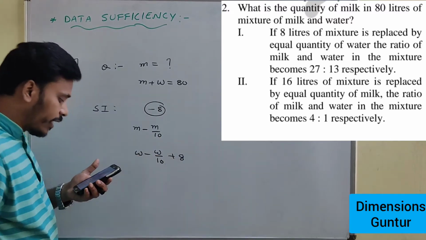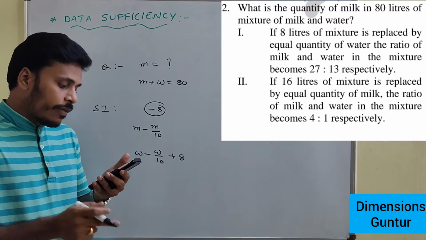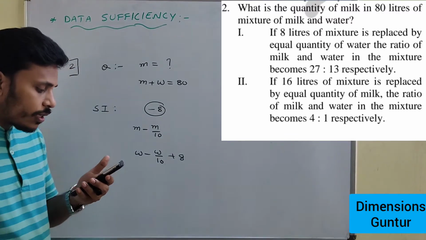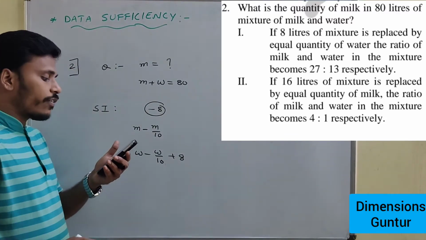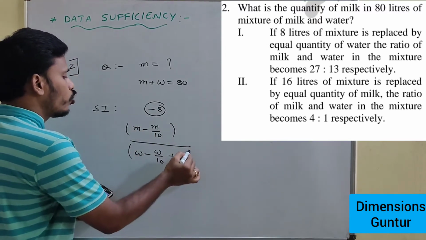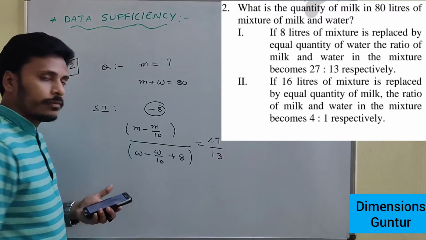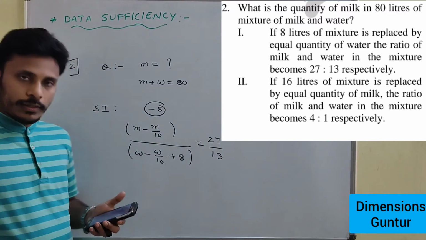The ratio of milk and water in the mixture becomes 27:13. This is the new milk and this is the new water, and this ratio is given as 27/13. That's statement 1.